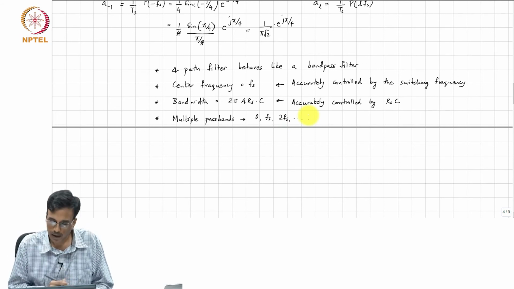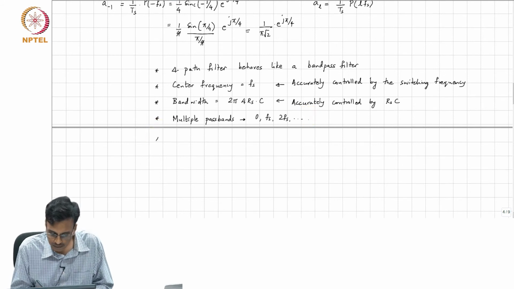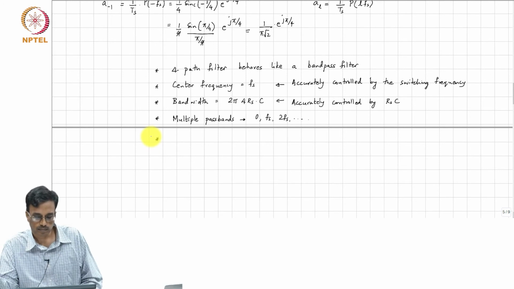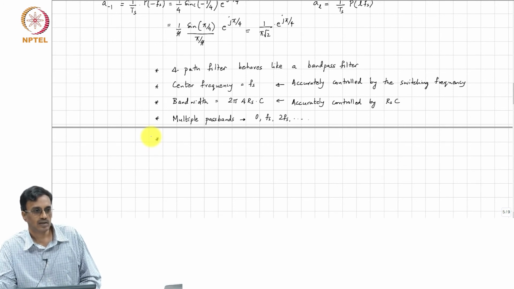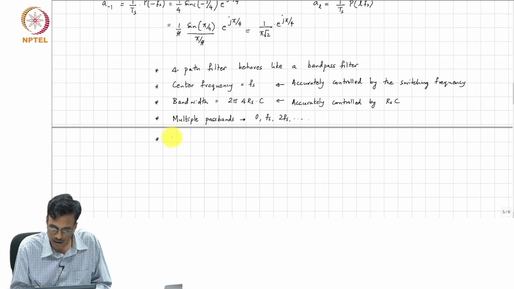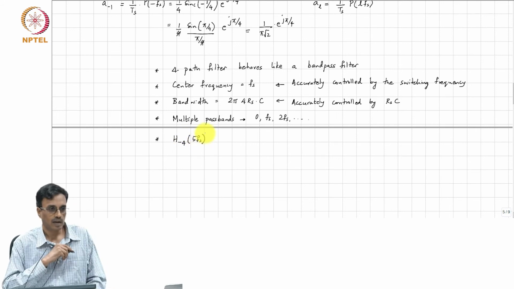Okay. And there is also translation of frequencies. For example, H sub minus 4 of 5 Fs, right.